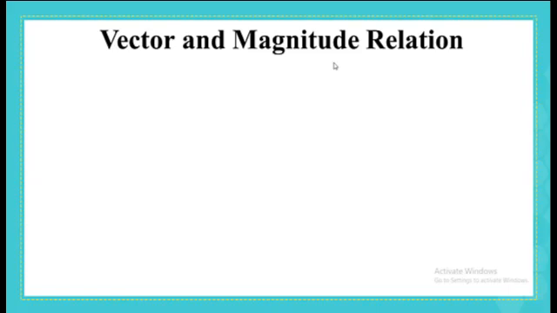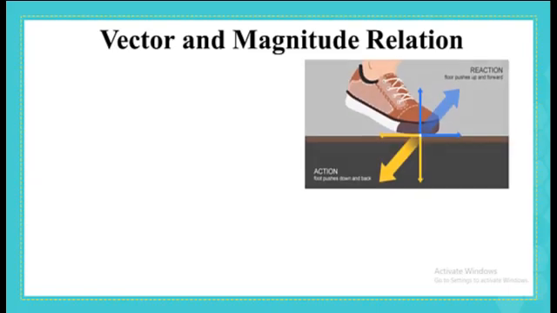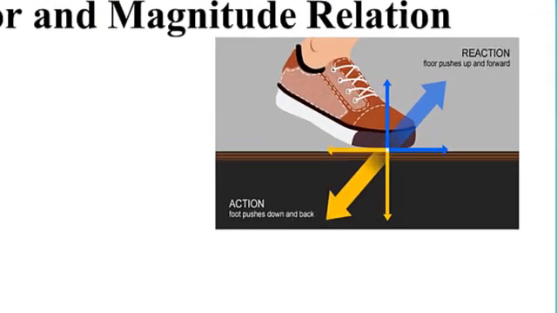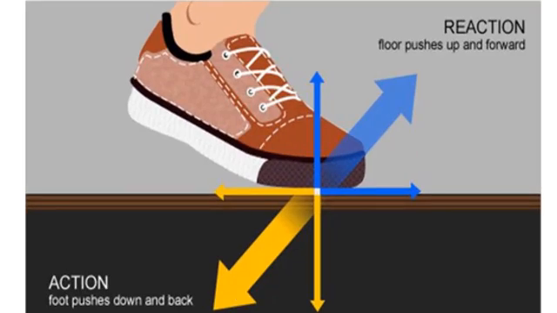For better understanding, let's take an example of interaction. In this figure, you can see a foot which is exerting a force on the floor. This force is expressed by these yellow vectors, and in return, the floor is responding. The floor is reacting by a force on the foot represented by these blue vectors.